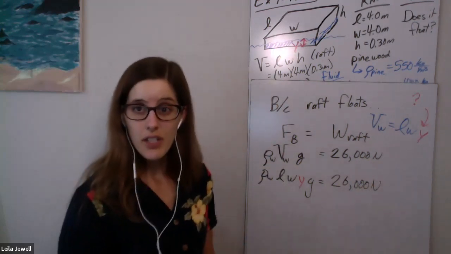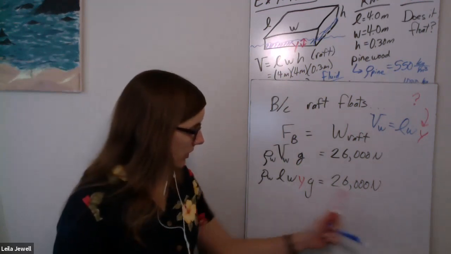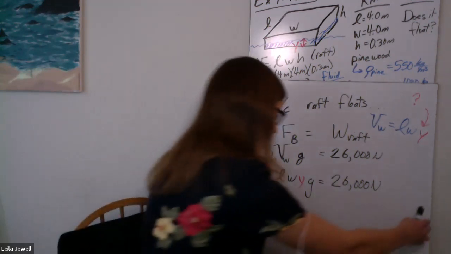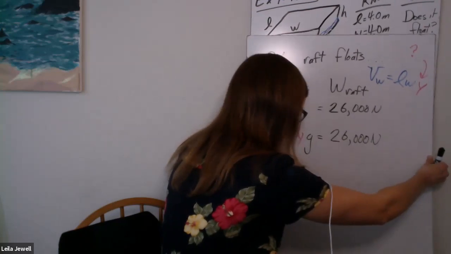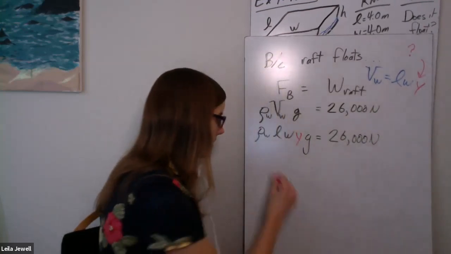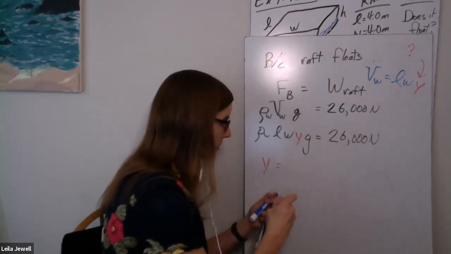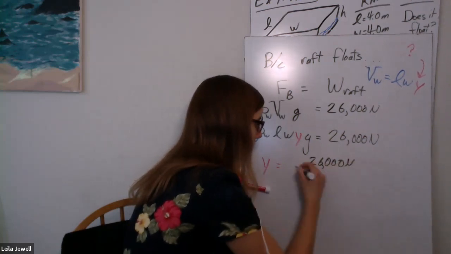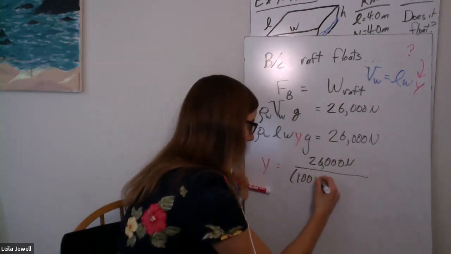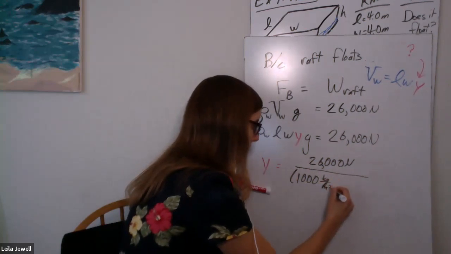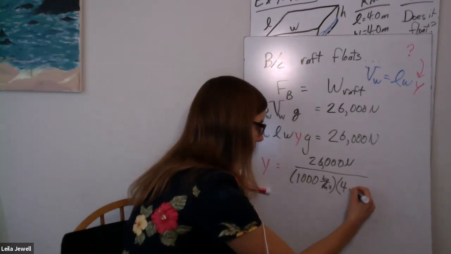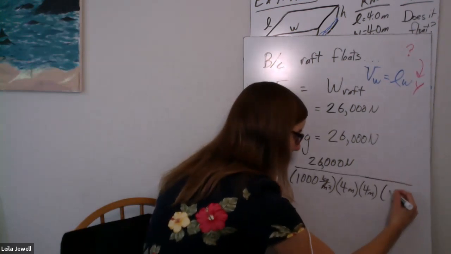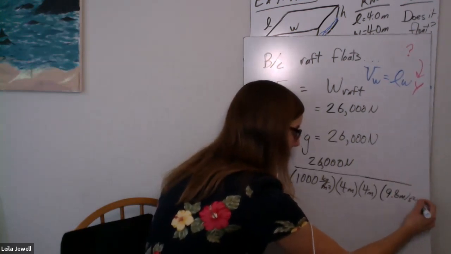So all we have to do is divide everything that's not y to the other side, and then we'll be home free. Now I will move this up again. So y is equal to 26,000 newtons divided by the density of water, 1,000 kilograms per cubic meter, divided by the length, which is that 4 meters, divided by the width, 4 meters, and don't forget the g, divided by 9.8 meters per second squared.